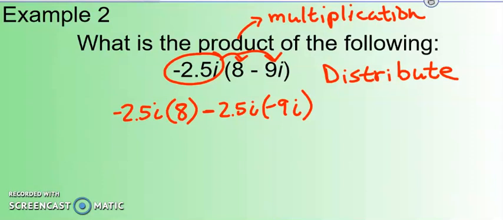All right, so if we multiply these two together, the first part, that gives us negative 20i. 20, not 26, but negative 20i. If we multiply the second portion here, that would give us 22.5i squared.